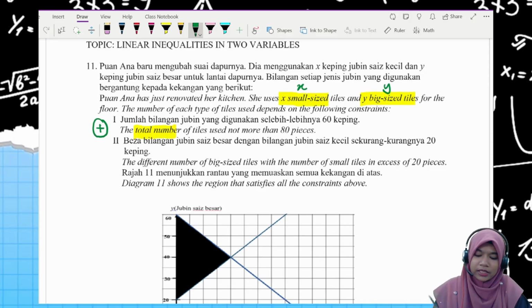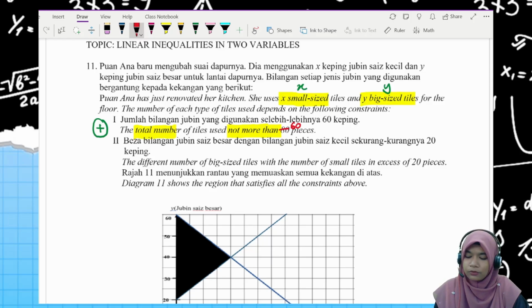The total number of tiles used, not more than. The keyword now is not more than. This one is actually 60 pieces. Please change the number here because we refer to the Malay version. We take the Malay version value: 60 pieces, not 80 pieces. Not more than means the maximum value or the highest value should be 60.